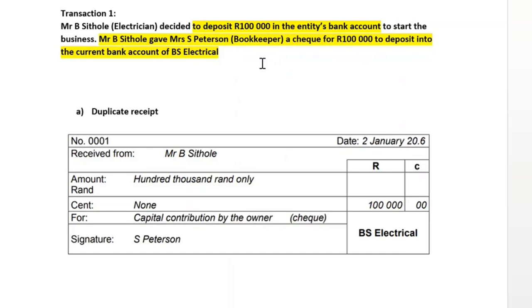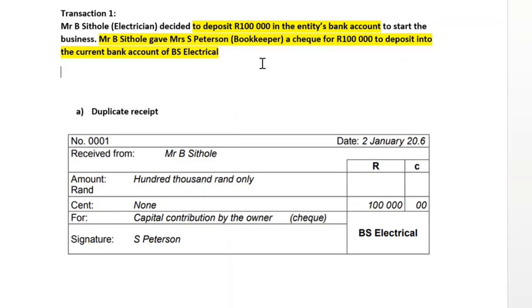Are you with me? You are only now starting that business with a contribution, either this 100,000, I don't know, you took a loan from your personal account or from your savings, but the check doesn't form part of the BS Electrical business.